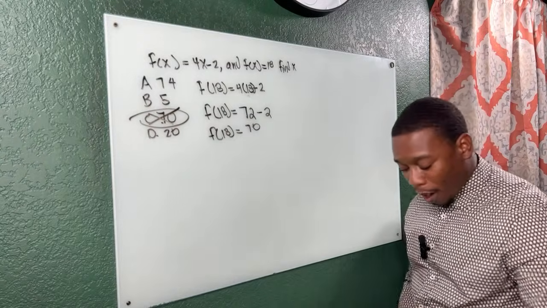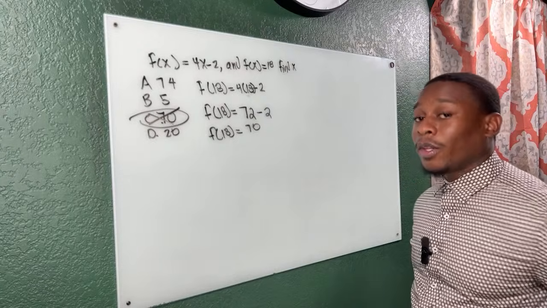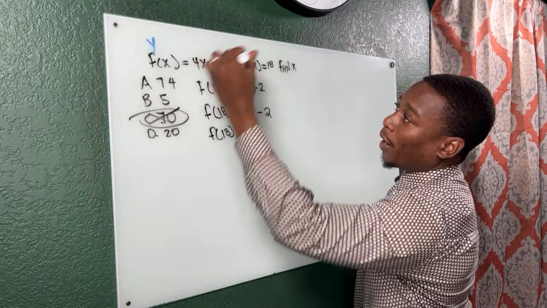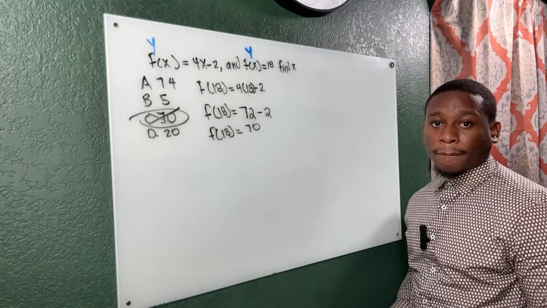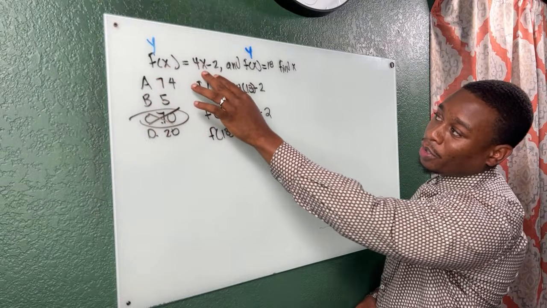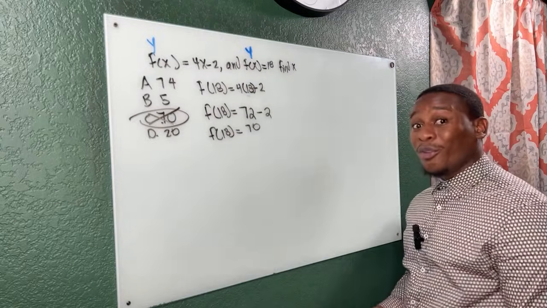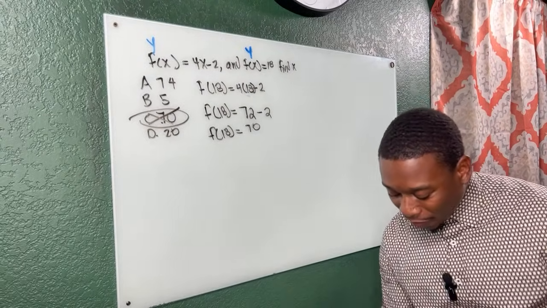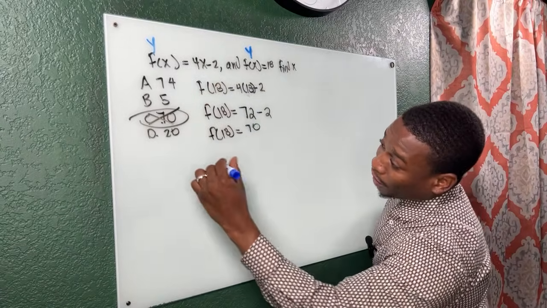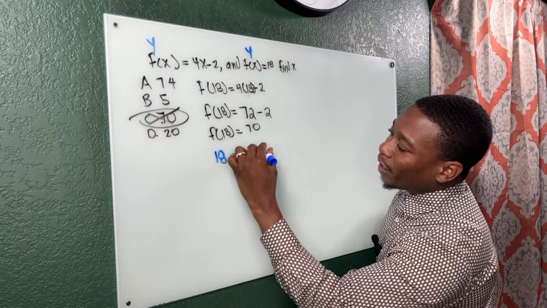That's wrong. Why? Let's go back, and I got something for you. f of x is the same thing as y. Does that change anything? So it says y is equal to 4x minus 2, and y is equal to 18, find x. So what they really asked us is, when our function is equal to 18, what would the x be?